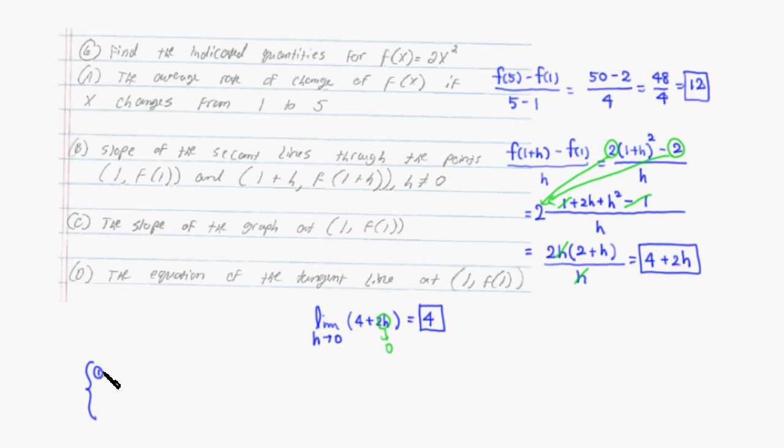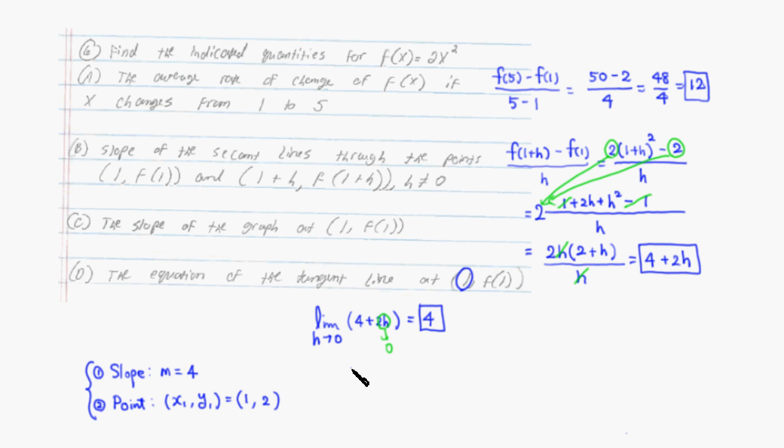First, you need the slope, which we know is 4 from part C. And we need a point, x1 comma y1. The x value is given, it's 1, and f of 1 is 2, from plugging 1 into the function.